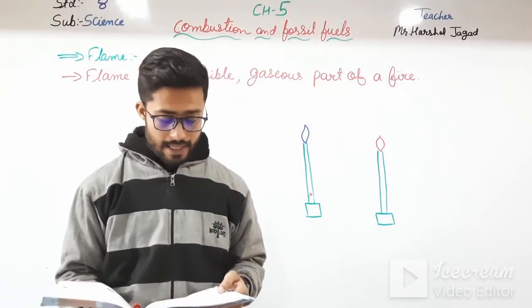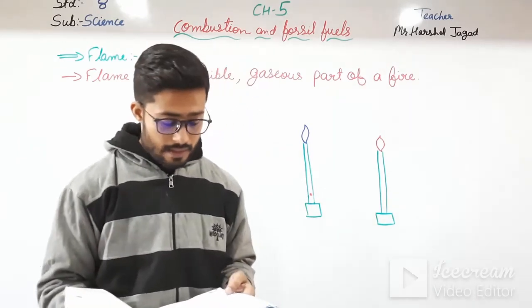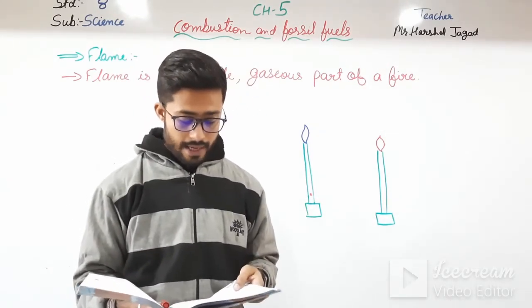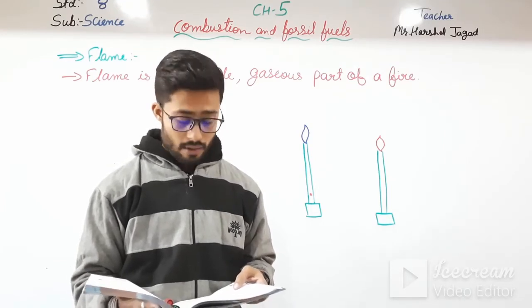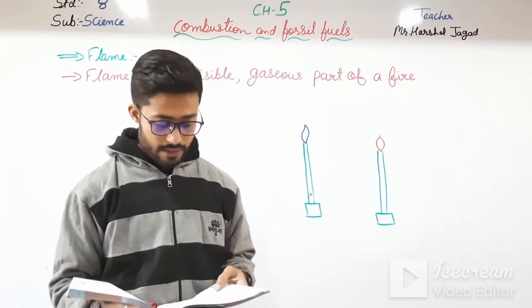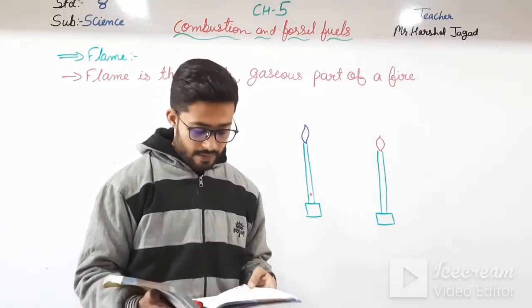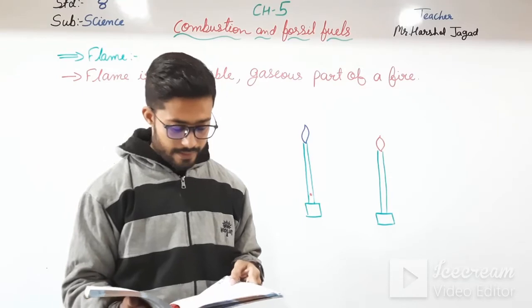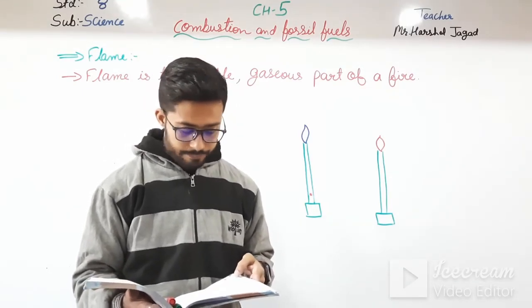The flame can have different colors depending upon the nature of the combustible substance, availability of air, and temperature. Hydrocarbons burn to produce a yellow or a blue flame. Figure 5.3 shows the changing flame color of a Bunsen burner with an increase or decrease in oxygen supply.